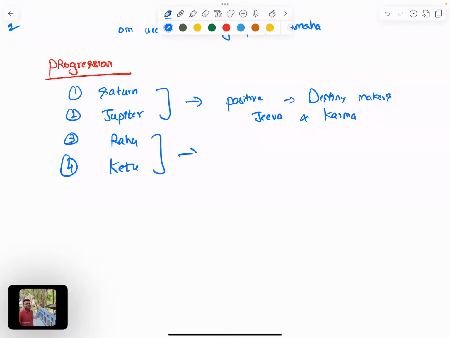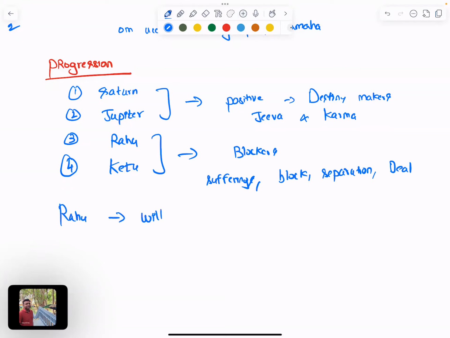And these two are called as blockers, which gives sufferings and block separation, death, all that. But in that also, this Rahu will support materialistic.